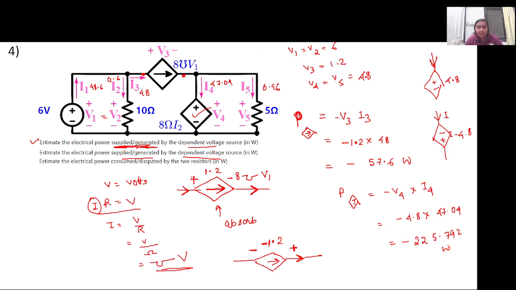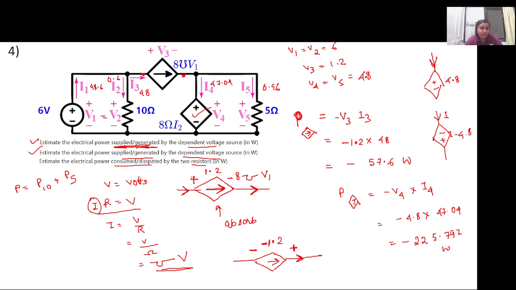Yes, ma'am. In the third case, it is asked to estimate the electric power consumed or dissipated by the two resistors. So what will that be equal to? Total power consumed or dissipated by the resistors will be the power dissipated by the 10 ohm resistor and the power dissipated by the 5 ohm resistor.